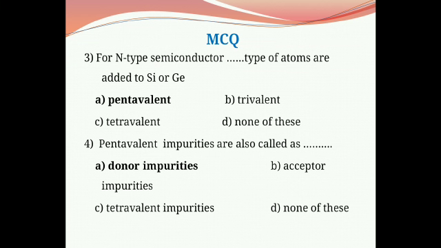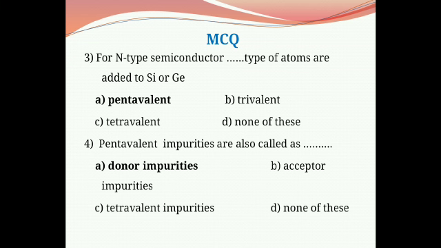Question number 3 is, for an N-type semiconductor, dash type of atoms are added to silicon or germanium. Option A is pentavalent, option B is trivalent, option C is tetravalent, option D is none of these. As we know, for formation of an N-type semiconductor, pentavalent impurities are added, and therefore the correct option is A, pentavalent. Question number 4 is, pentavalent impurities are also called as.